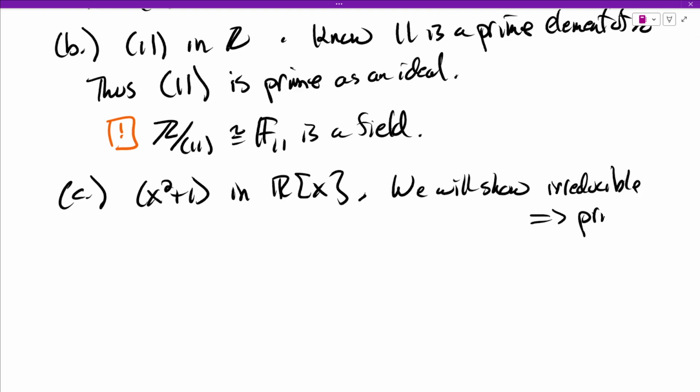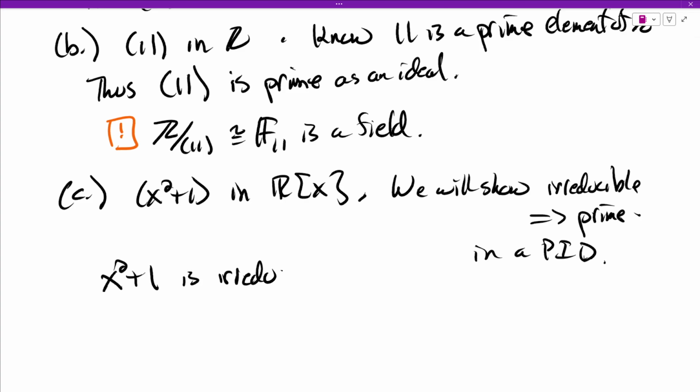We know that in a domain, prime always implies irreducible, but it's not true that you can go backwards necessarily. But in a PID, you can. So in particular, x squared plus 1 is irreducible.